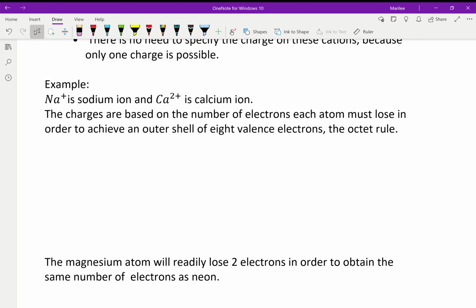The charges are based on the number of electrons each atom must lose in order to achieve an outer shell of 8 valence electrons, which is the octet rule.